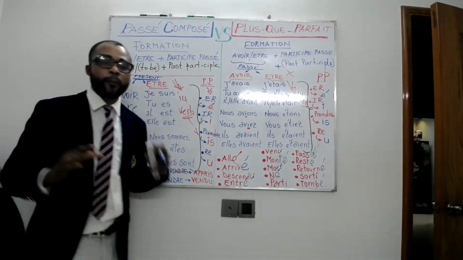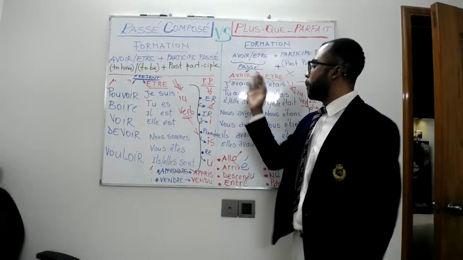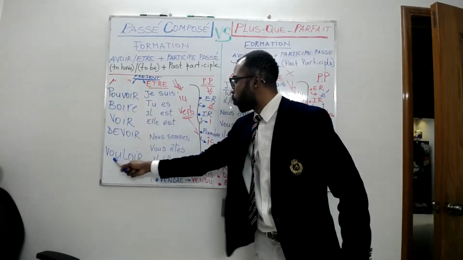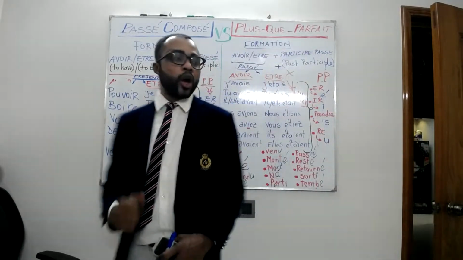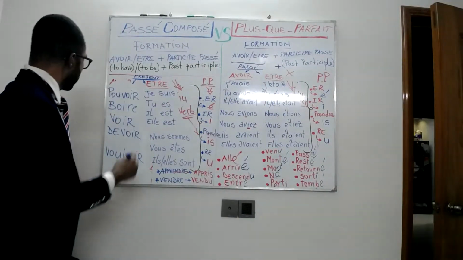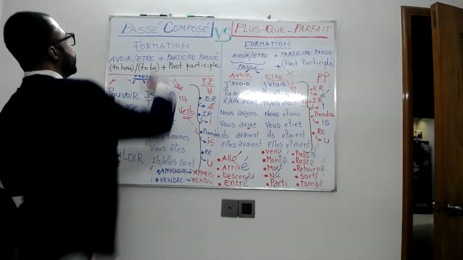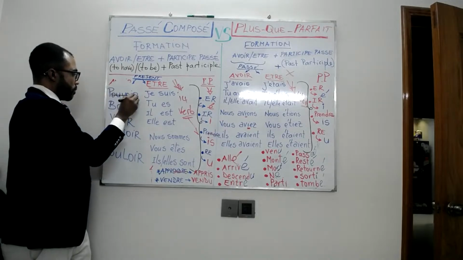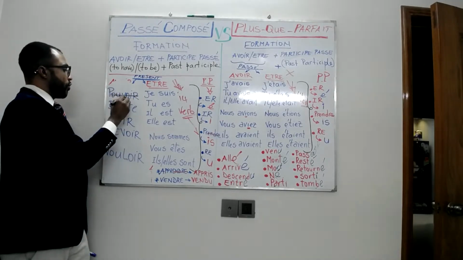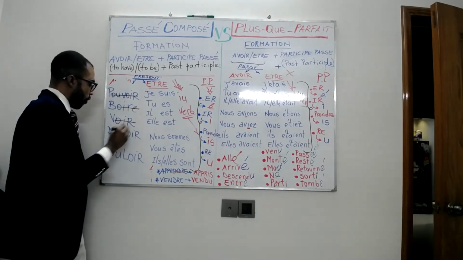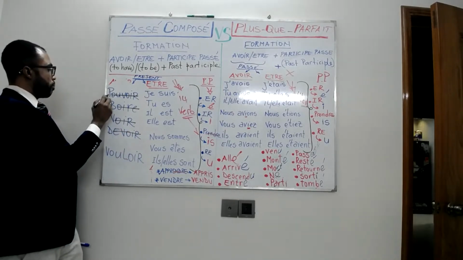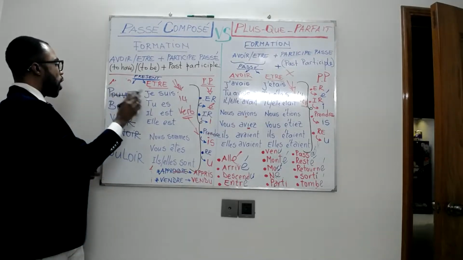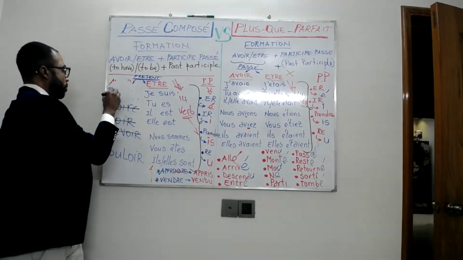So how to get their past participle? How to get the passé, participe passé of these verbs? Pouvoir, boire, voir, devoir, et vouloir. So these verbs, we remove completely O-U-V-O-I-R. So we remove all these. So it will remain P, B, V, and D. So if we remove, pouvoir will become pu.